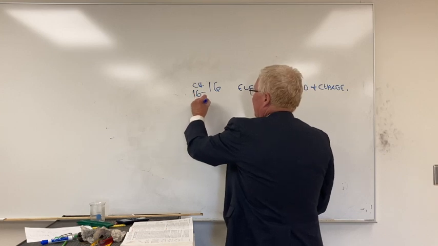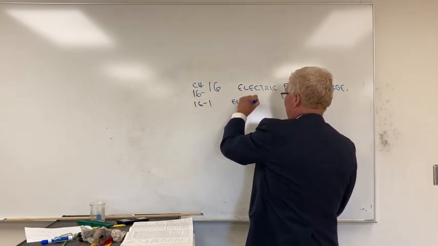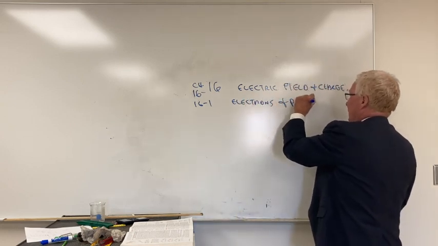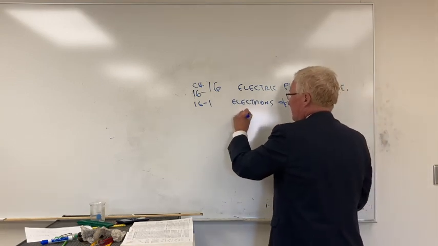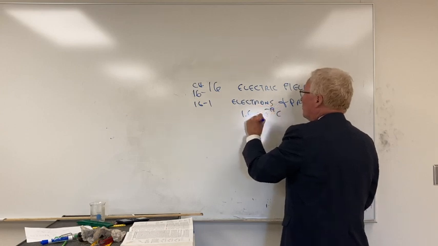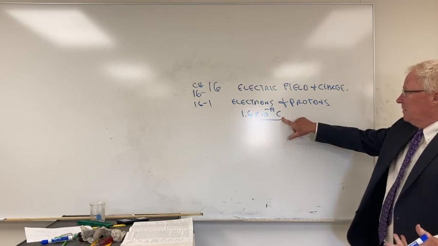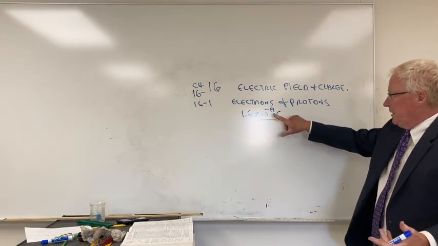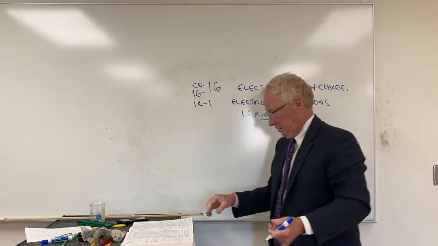In chapter 16, sections 1 and 2, we talk about electrons and protons as the charge. The charge is equal and opposite, 1.6 times 10 to the minus 19th coulombs. The unit of charge is the coulomb, and that's the charge of an electron and proton, just opposite signs.